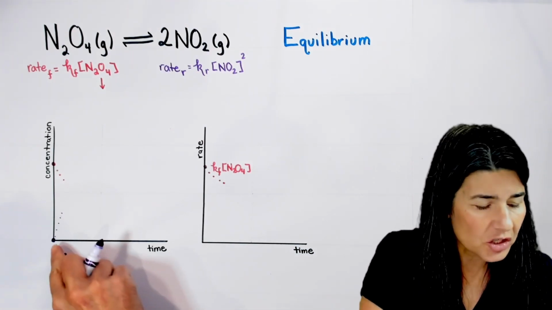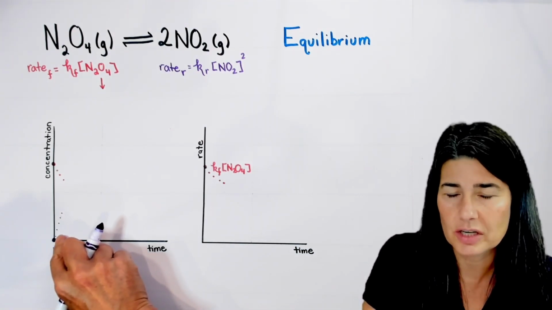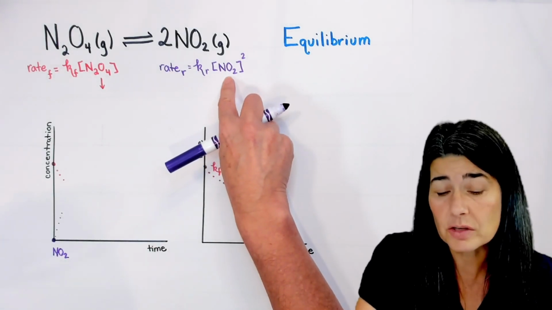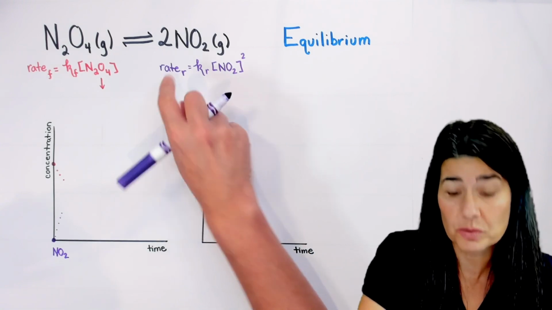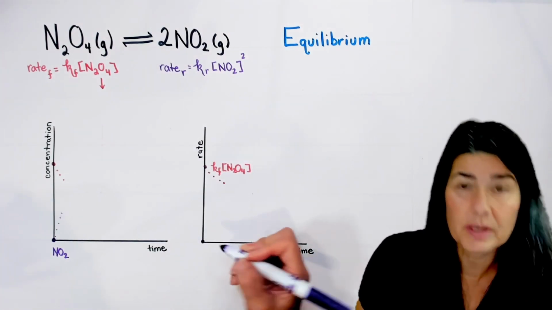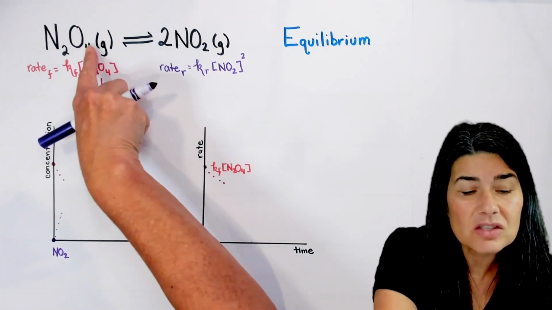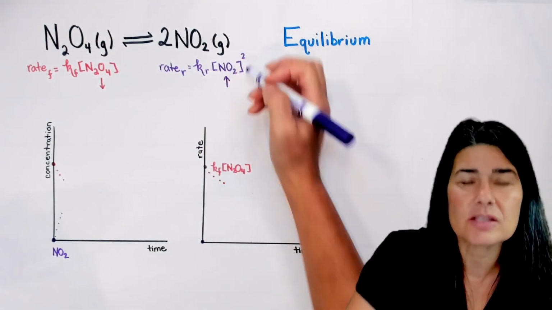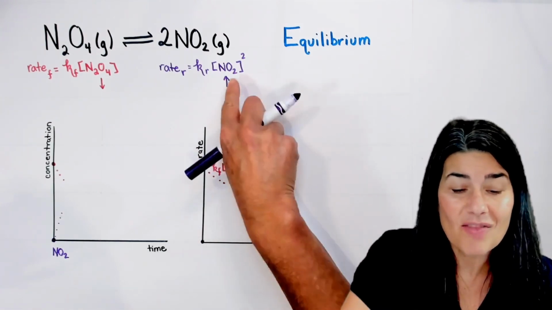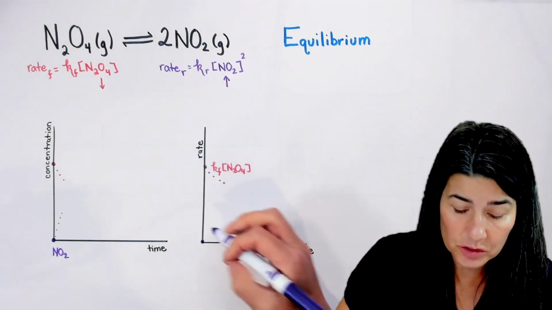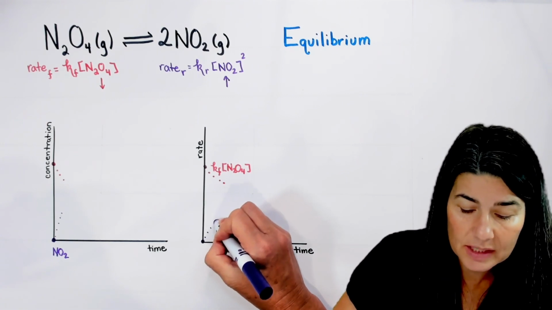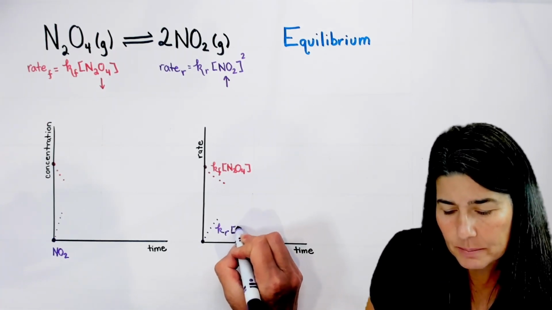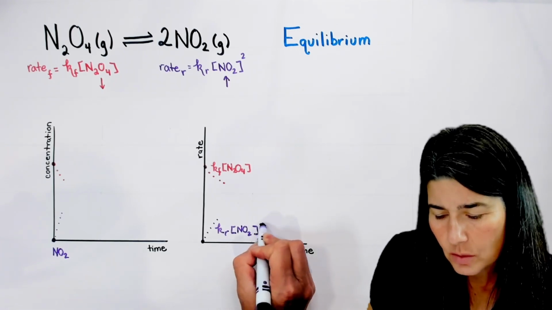Now remember, originally we had no concentration of NO2. We're starting with no product. So if this is zero concentration, the rate in the reverse direction is also 0 here. But as we start to convert reactants to products, we build our concentration of NO2. That means the rate in the reverse direction will start to increase as well. I'm going to label that K reverse times NO2 squared.